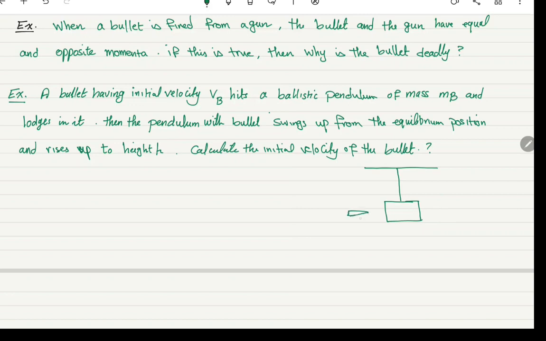After the collision, when the bullet sticks inside this wood pendulum, it rises to this new position here, with the bullet inside it, and here's h. We need to calculate the initial velocity of the bullet.